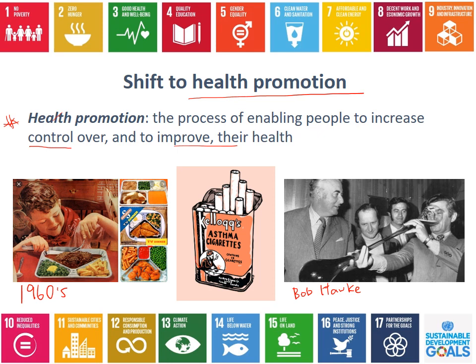This picture here is actually one of Australia's old Prime Ministers, Bob Hawke, and this is a picture of him sculling, I think it was 2 or 3 pints in 11 seconds, which got him into the Guinness Book of World Records. Okay, so these are all just things around what lifestyle shifted to, and I'm sure you can probably think of some diseases that went along with these things that started to need to be addressed.